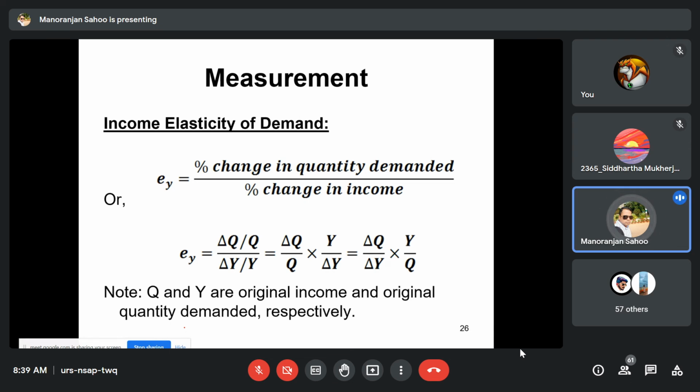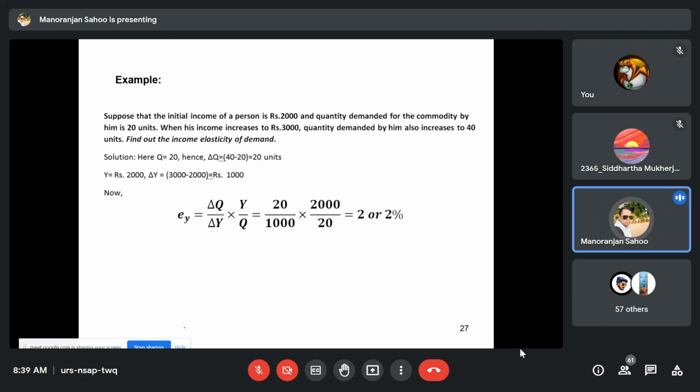Here is how to calculate income elasticity. Income elasticity equals percentage change in the quantity demanded divided by percentage change in the income, which can be calculated as delta Q by delta Y into Y by Q. The example here is that if the consumer's income increases from 2000 rupees to 3000, then suppose his demand increases from 20 units to 40 units.